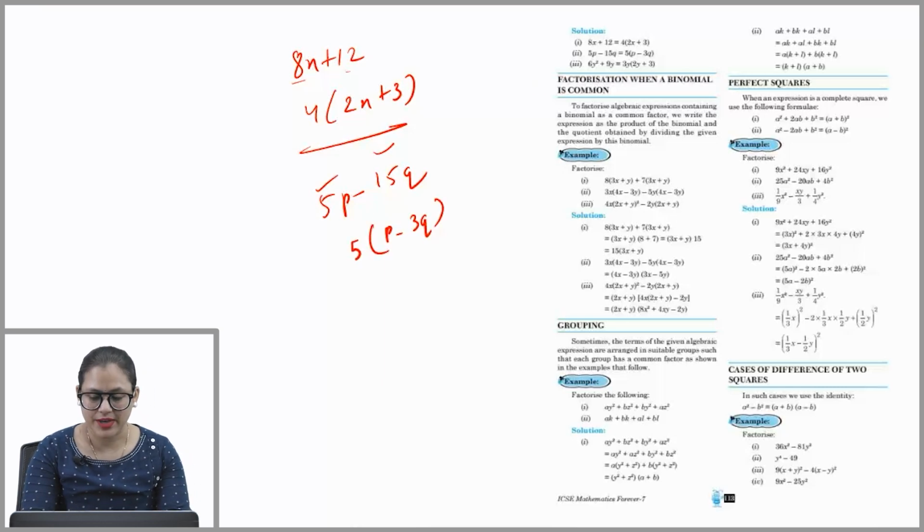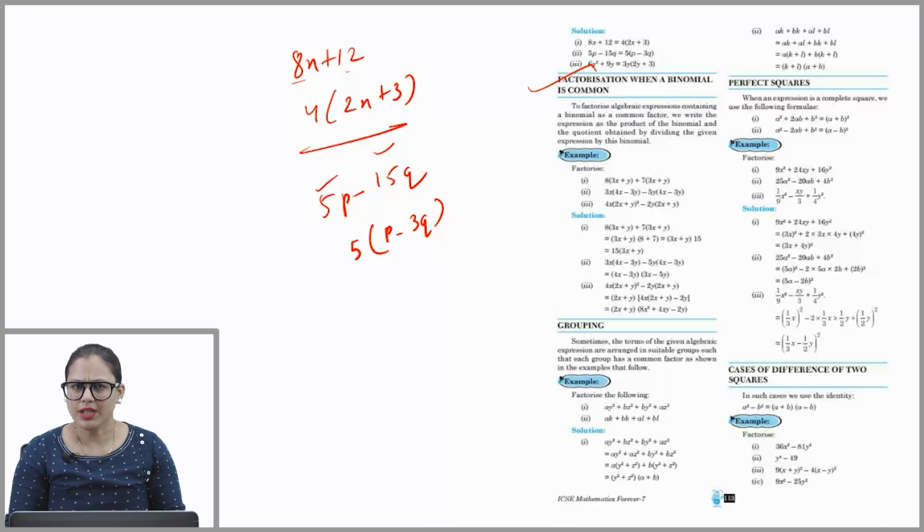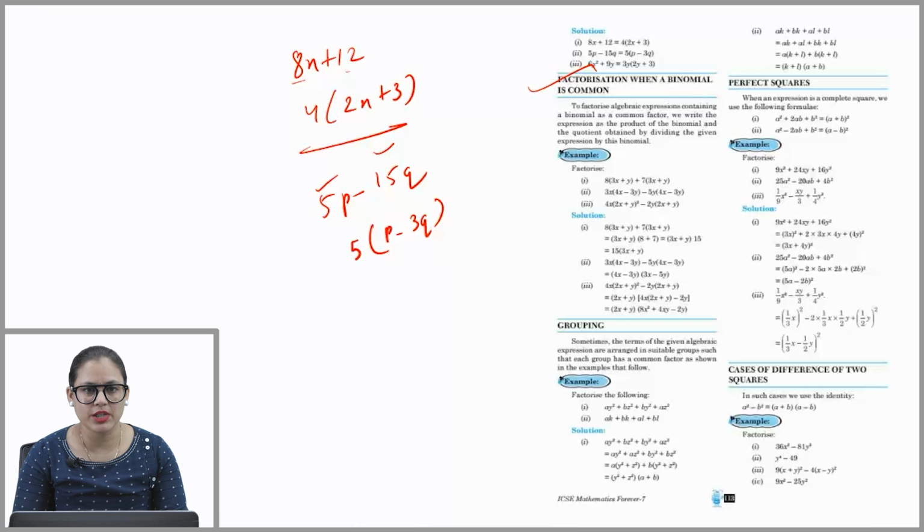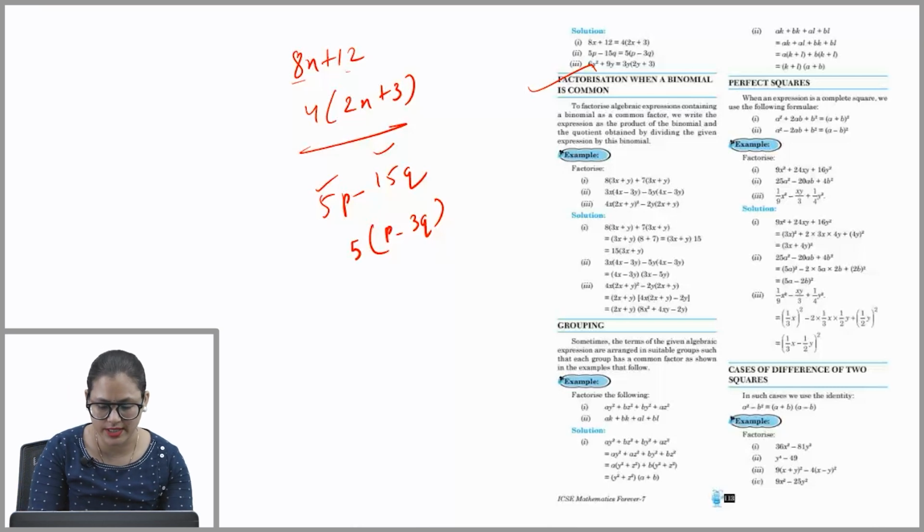Next, factorization when a binomial is common. To factorize an algebraic expression containing a binomial as a common factor, we write the expression as a product of the binomial and the quotient obtained by dividing the given expression by this binomial. For example, we have to factorize 8 into 3x plus y plus 7 into 3x plus y.